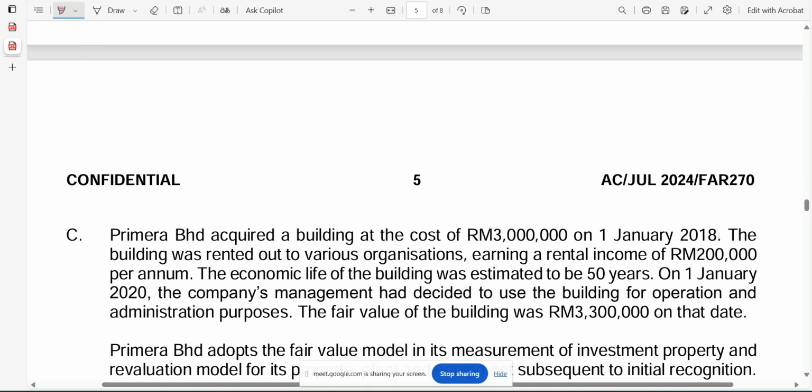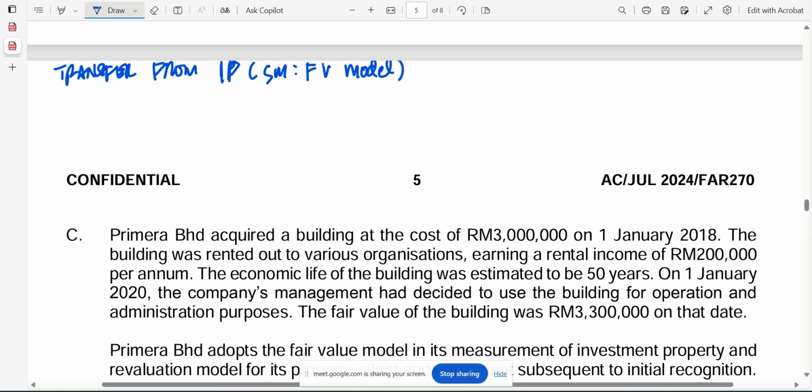In this particular question, which is question July 2024, we are going to look at the transfer from IP, where in this question IP, in our case here, subsequent measurement uses the fair value model, and it is transferred from IP to owner occupied property, also known as PPE.